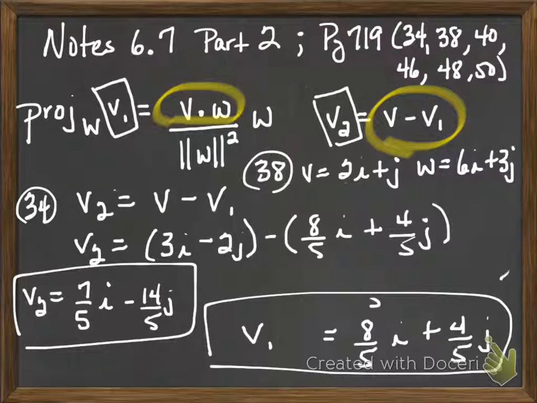Doing the same thing I just did with 34. You've got the formulas. You just have to go through the math part of the formulas. You're finding V sub 1 and V sub 2. I'll give you a couple minutes to do that one.